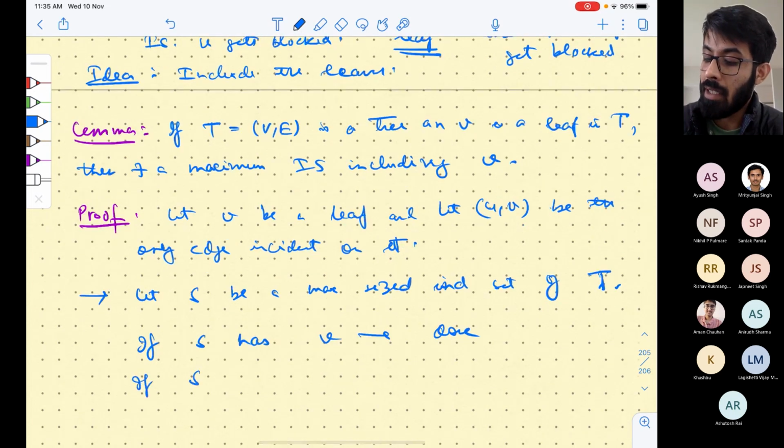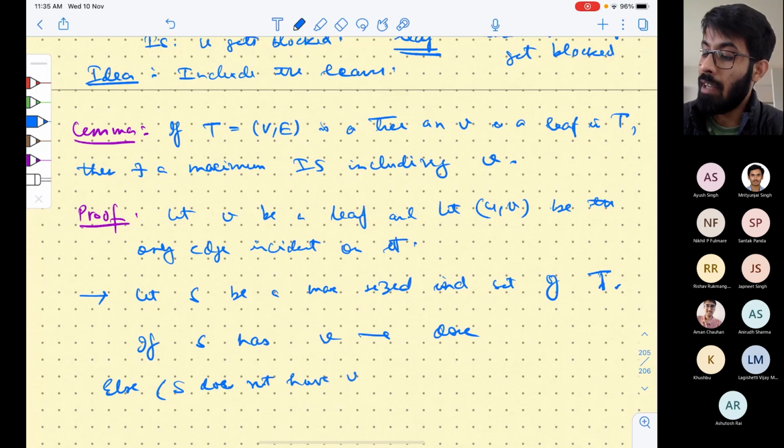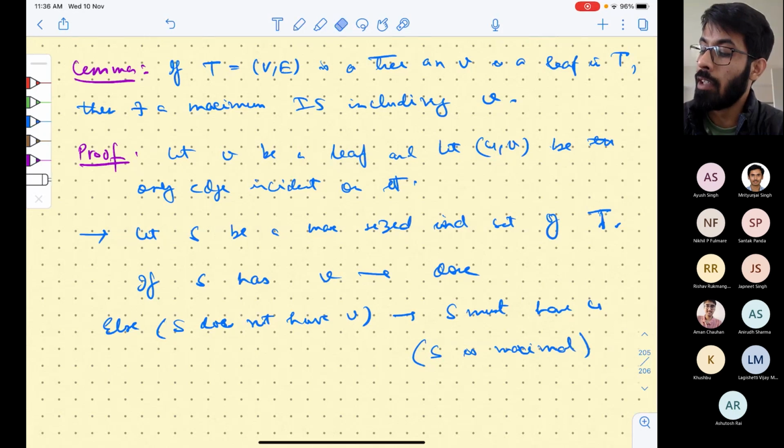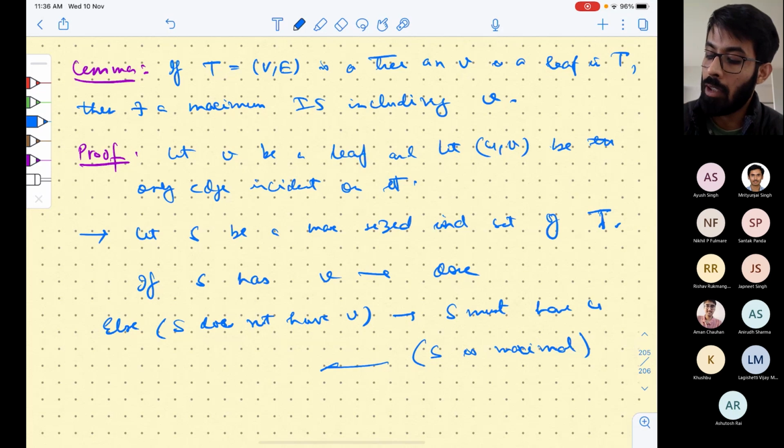Else, that is, S does not have V, then S must have U because S is maximum. Because if it does not have both, then you can increase the size of S. Why? Because then S union V you can put.